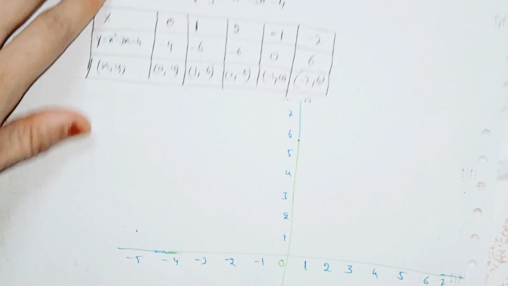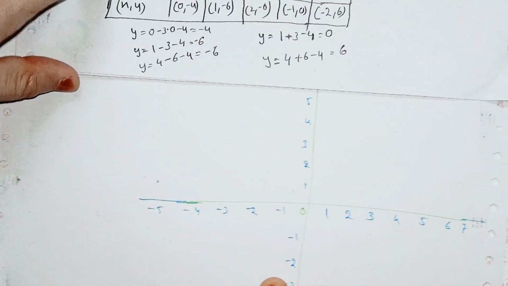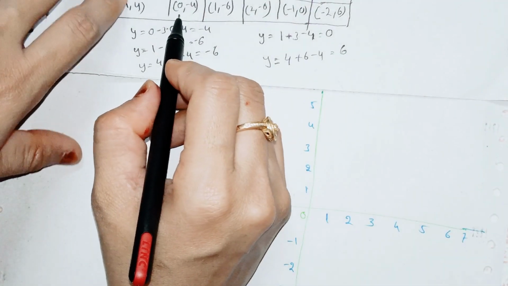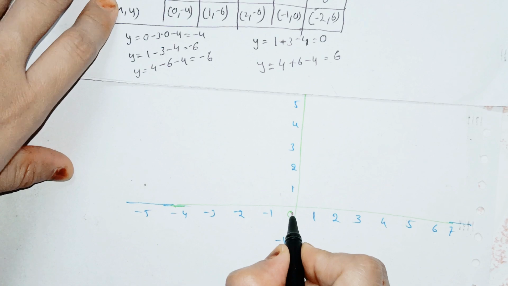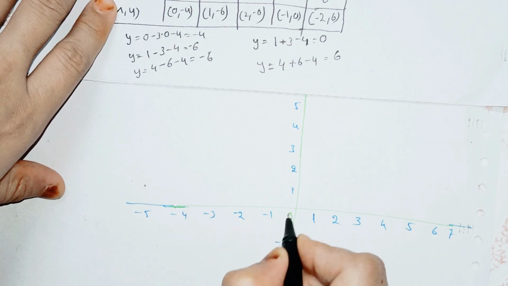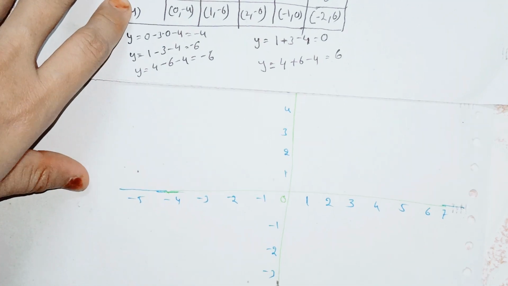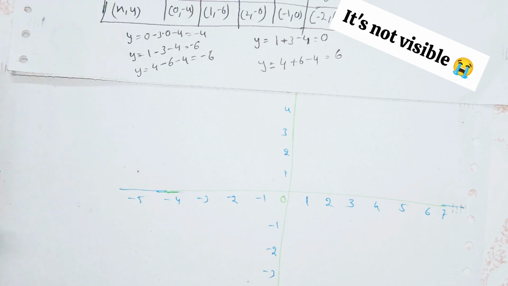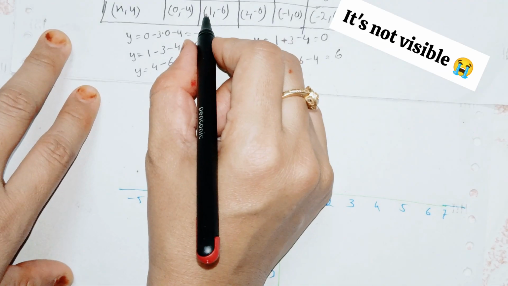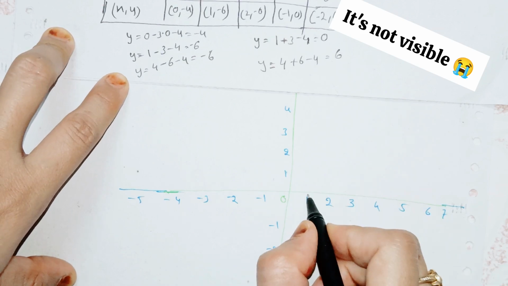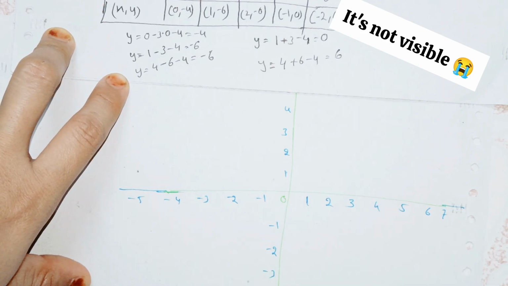So the points are 0 comma -4. So this is 0 comma -4 means here. Okay, next 1 comma -6, 1 is here, then -6 is here.